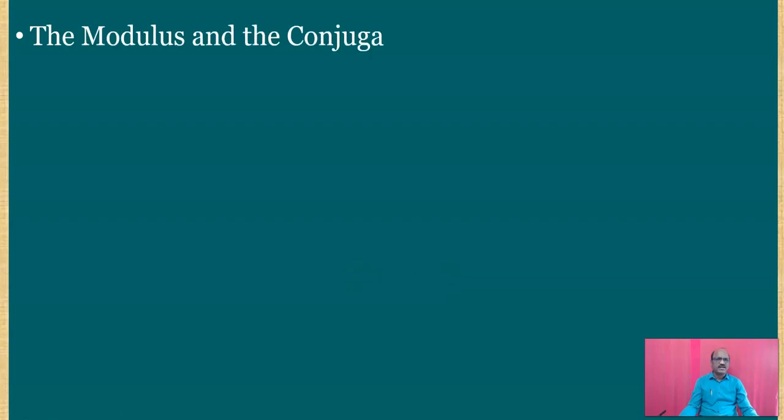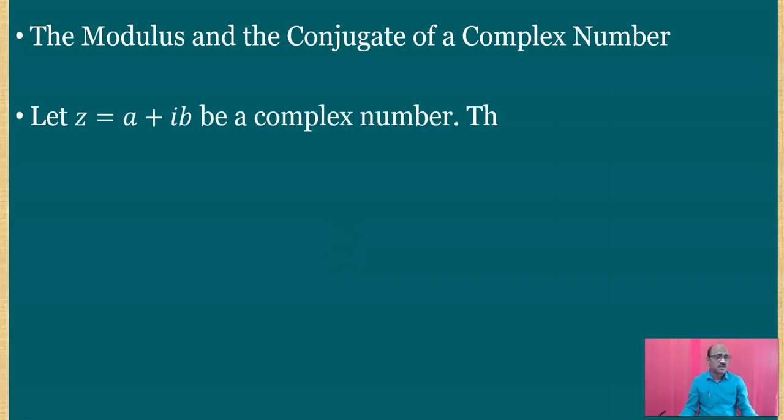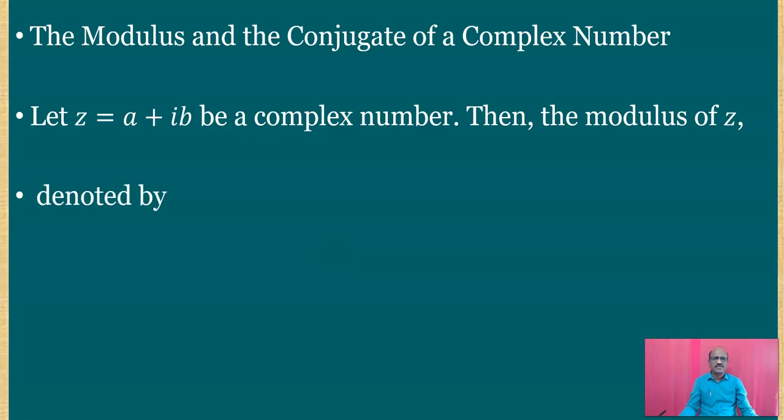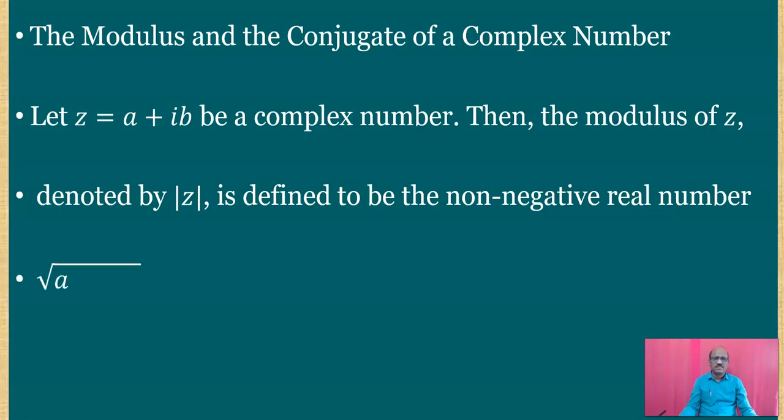The modulus and conjugate of a complex number. Let z = a + ib be a complex number. Then the modulus of z, denoted by |z|, is defined to be the non-negative real number, that is the root of a² + b².